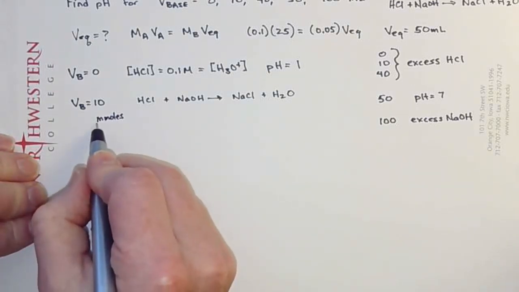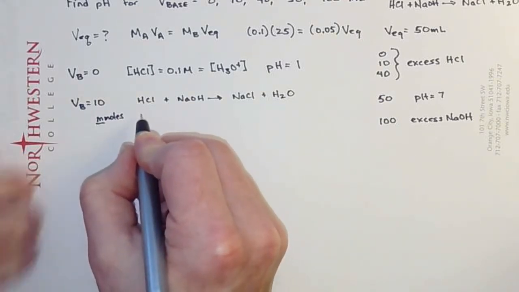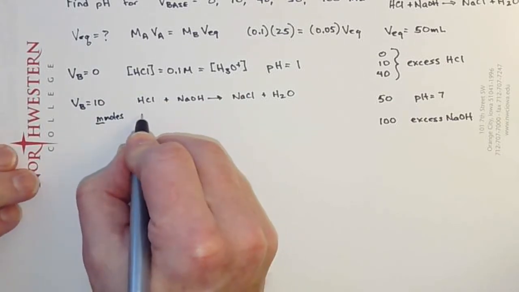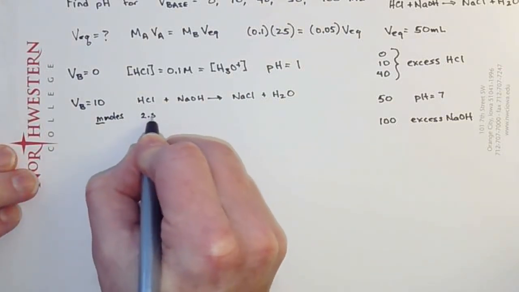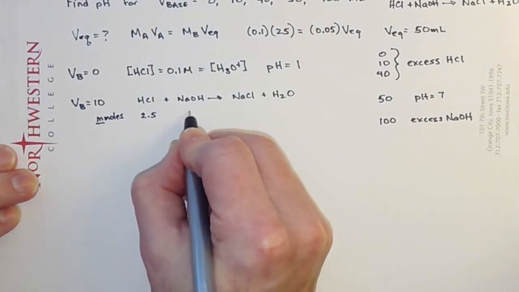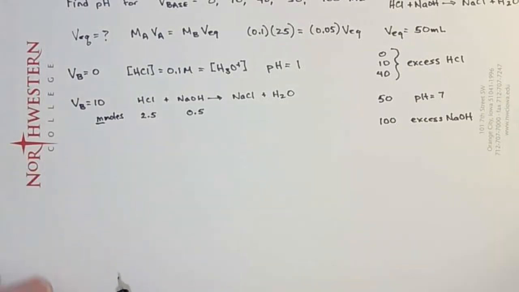It's just going to be 1,000th of a regular mole. In our original sample of HCl, we had 2.5 millimoles, and we added to that 0.5 millimoles of NaOH.